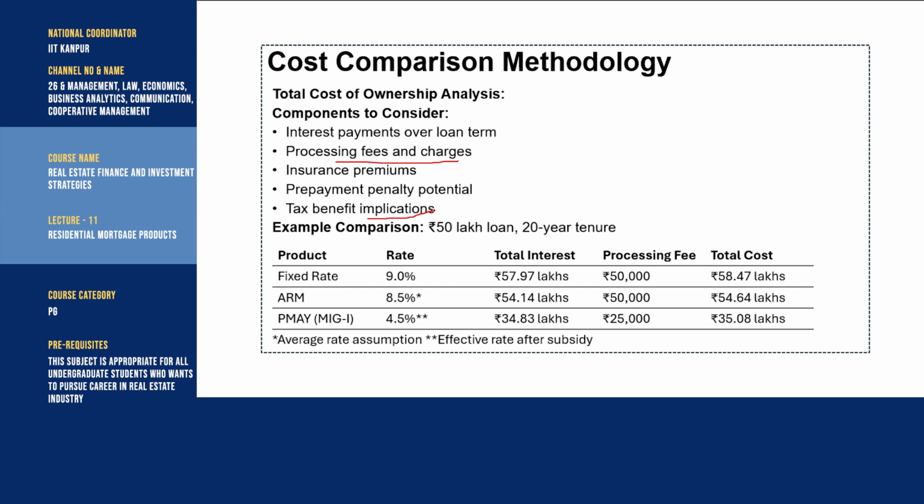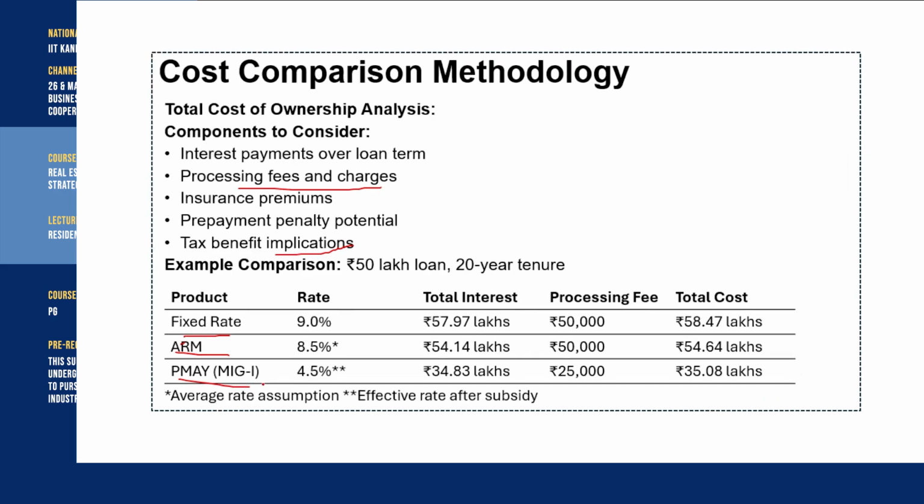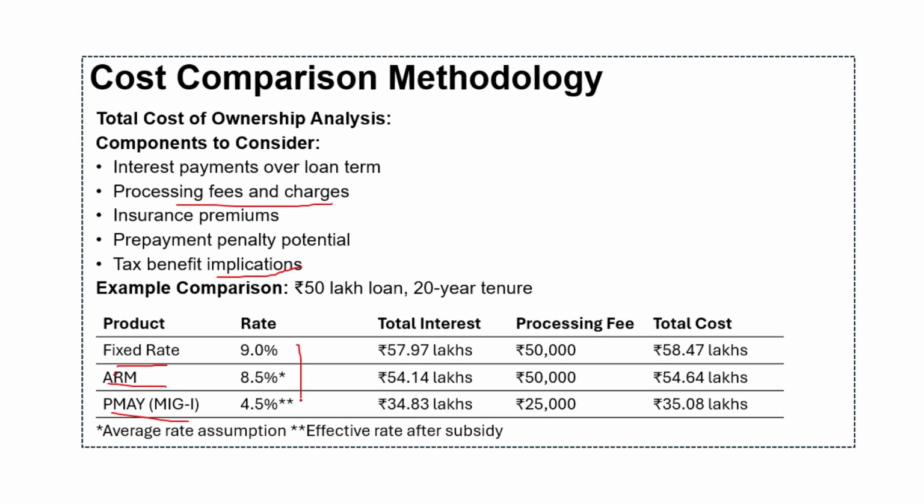Then the comparison examples given here demonstrate a dramatic cost difference. We can see for fixed rate, for ARM and for PMAY, a clear difference in rates, and the total cost which is there, right.